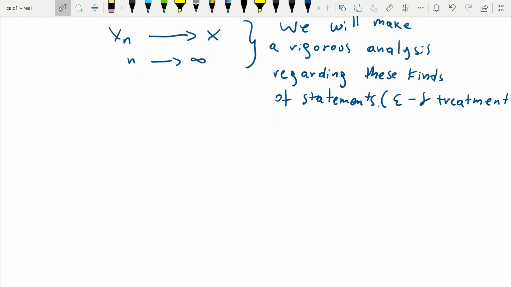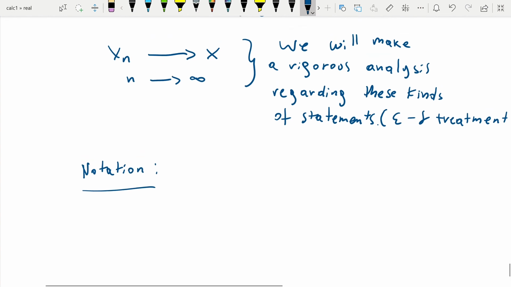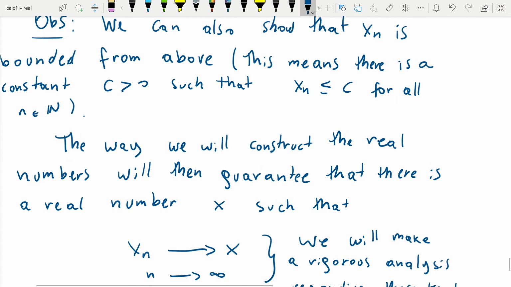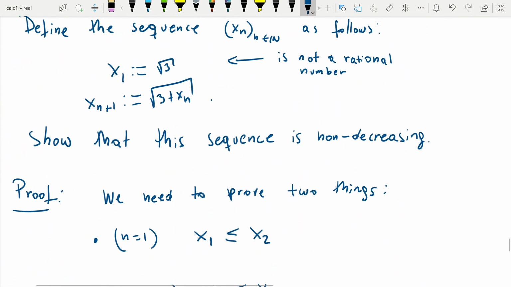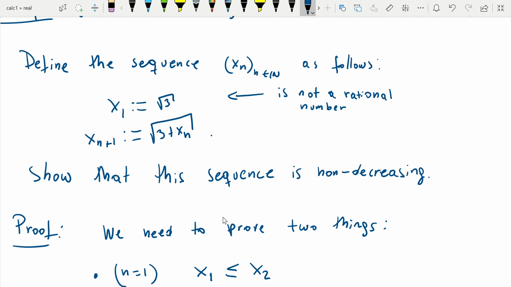And so this is just notation. If you go back to the way xn was defined, we define x1 to be equal to the square root of 3 and x sub n plus 1 as the square root of 3 plus xn.